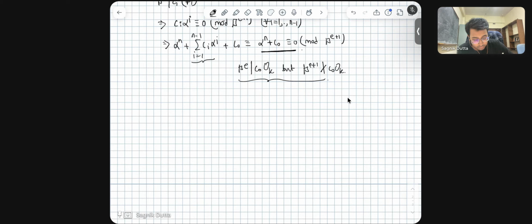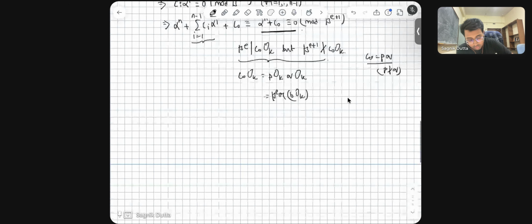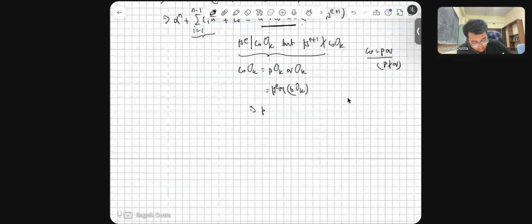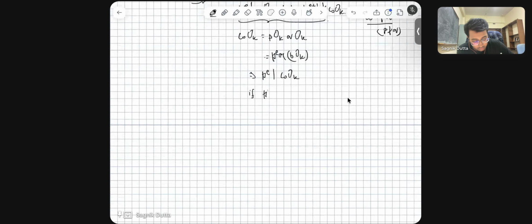So this is P OK, Q OK, and P OK is P to the E A, Q OK. That means P to the E divides this. So this is the first part, which is easy. And now you look at if P to the E plus 1 divides it, that means P will divide Q OK, right?